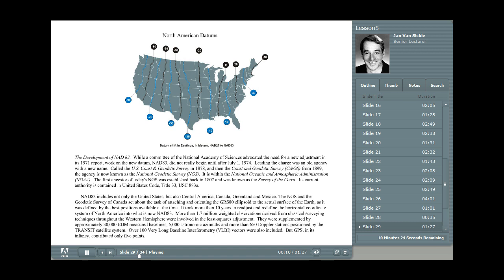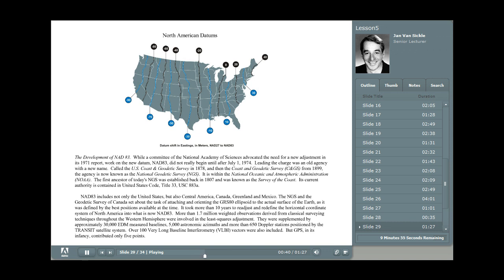NAD 83, or the North American Datum 1983, the work on this was begun in 1974 for all practical purposes. The United States Coast and Geodetic Survey eventually became the National Geodetic Survey, NGS, which carried on the work to the production of NAD 83.